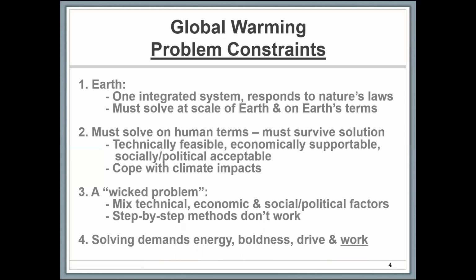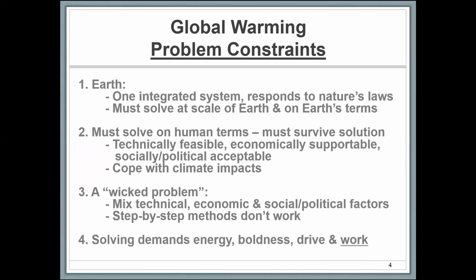However, we humans must be able to survive the solution. We must find practical solutions that we can implement while coping with climate change impacts. Further, global warming is a wicked problem with a mix of technical, economic, and social political factors tangled together. These problems require special approaches, as normal step-by-step methods do not work.